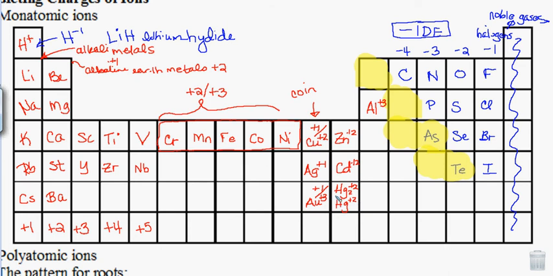The top one is named mercury 1 because while there are 2 mercury atoms, each atom is carrying a +1 charge. So +1 plus +1 gives you a +2. The second one is named mercury 2 because the single mercury atom carries a +2 charge.